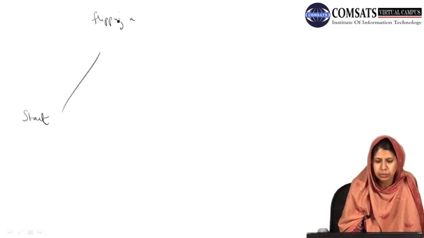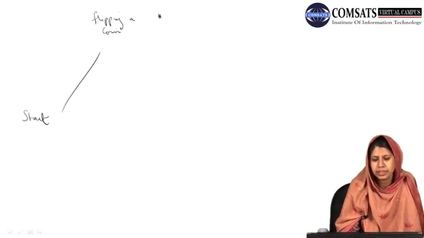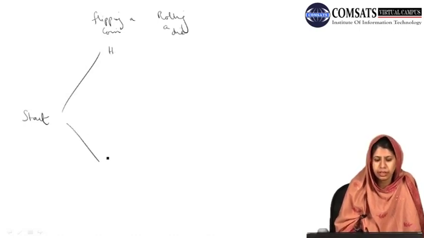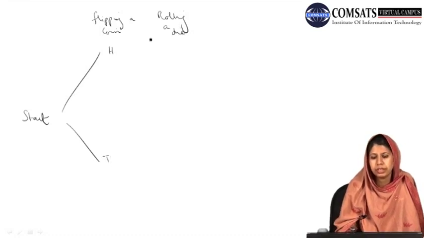we start our game here and we have 2 possible outcomes. First stage is flipping a coin and second stage is rolling a die. Either we will obtain a head or we will obtain a tail.